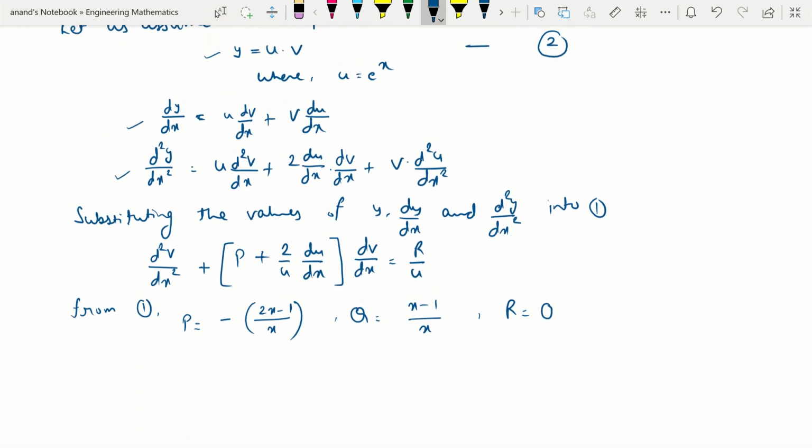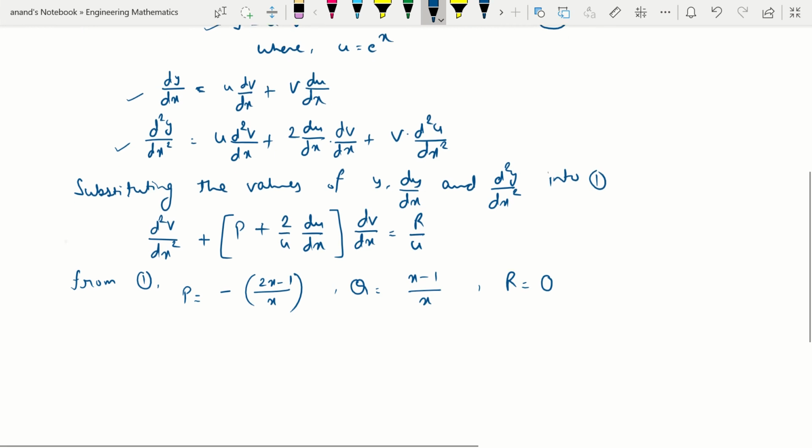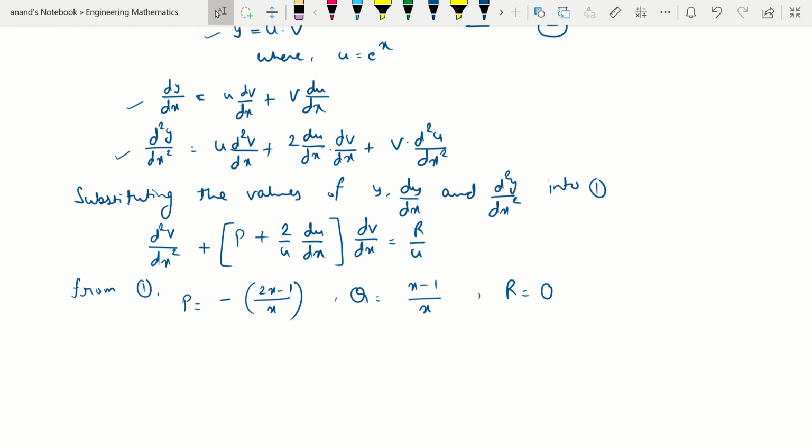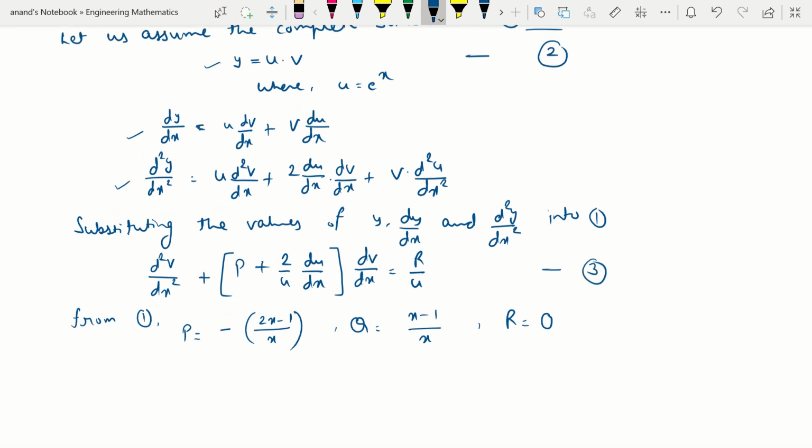Here the value of r is given as 0 to us. Let us mention that this is equation number third.